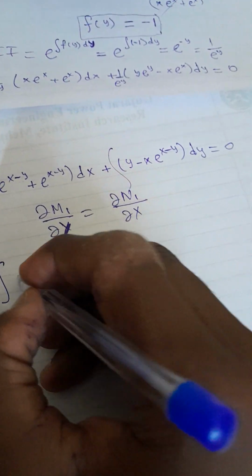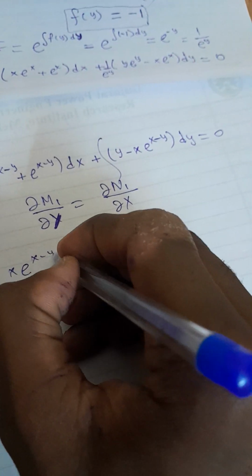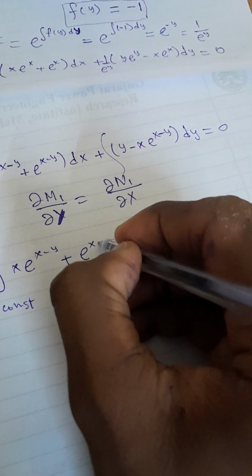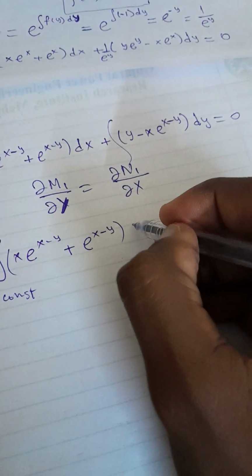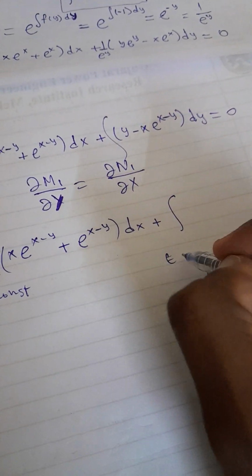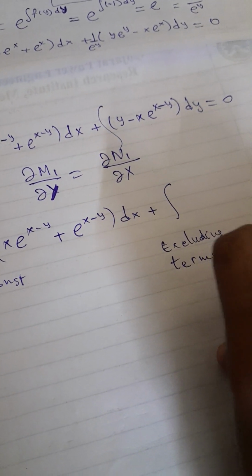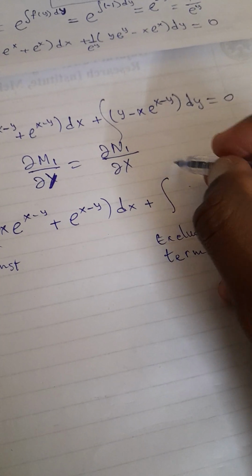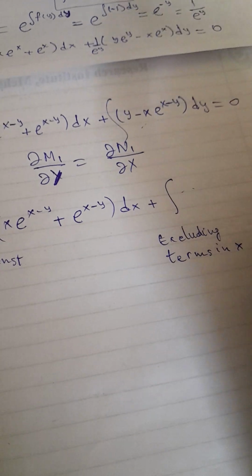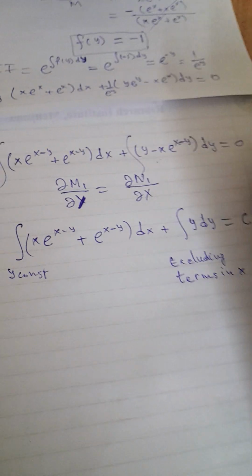Then you'll get x e^(x-y) minus y, then plus e^x and minus a1, dx, plus integration, just excluding terms in x. Here this term is in x, so this term all will be 0. So you have only y dy equal to c. Here it is c.